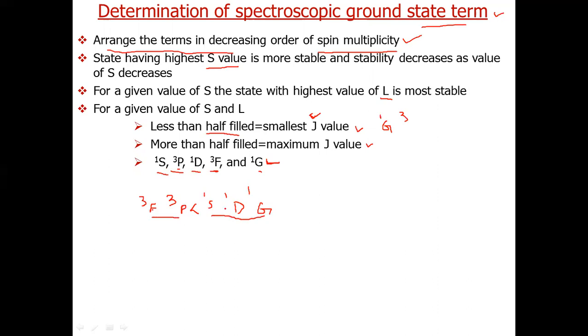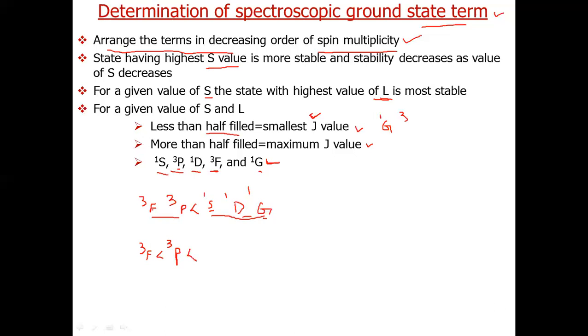To decide which will be greater or lesser, we see the L value. Now the second rule states that for a given value of S, the state with the highest value of L is most stable. That means 3F has L equal to 3 and 3P has L equal to 1. So which will be more stable? 3F. So we will write 3F is least in energy, then comes 3P.